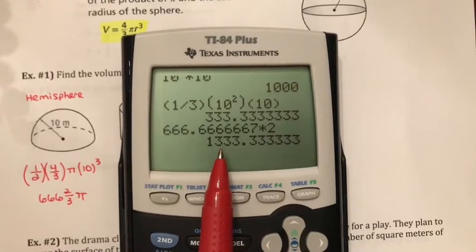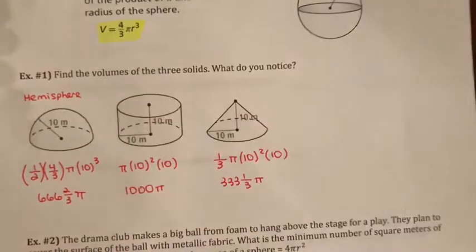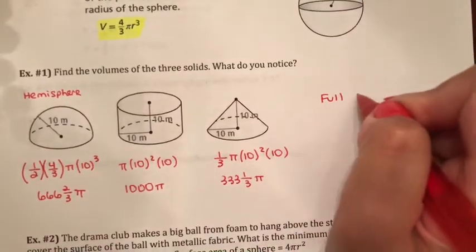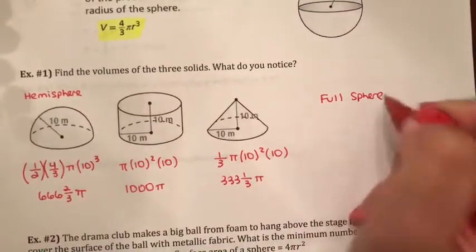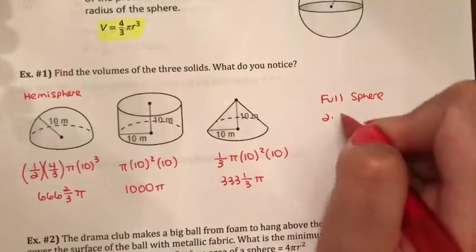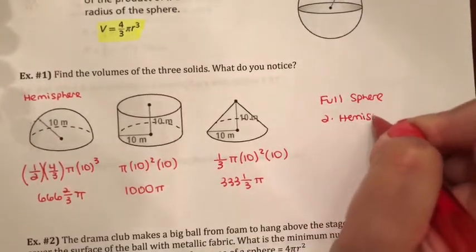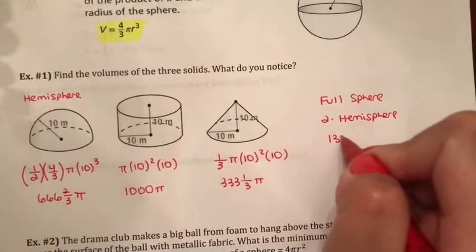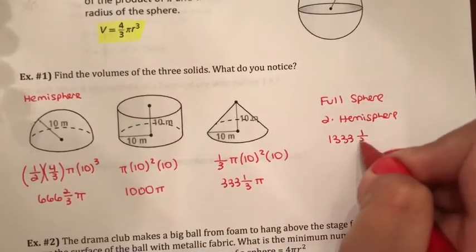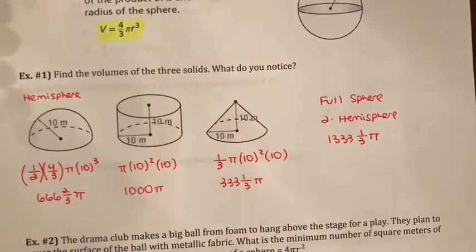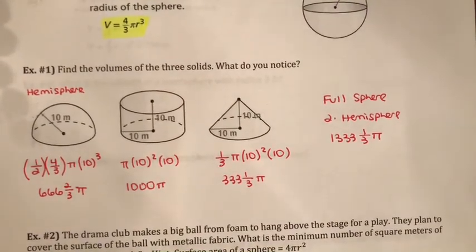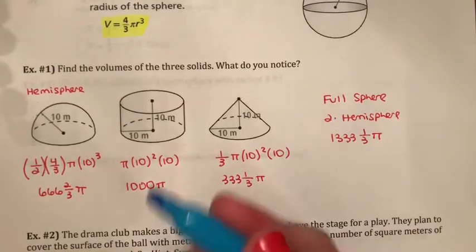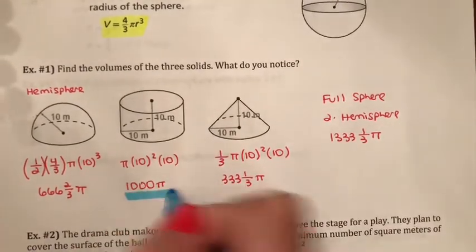And we get 1333 1/3. Okay, so we'll say the full circle, or full sphere, would be 2 times the hemisphere, which is 1333 1/3 pi.